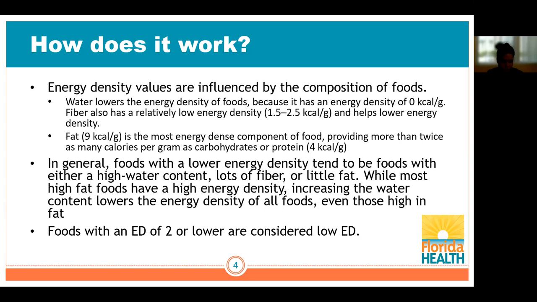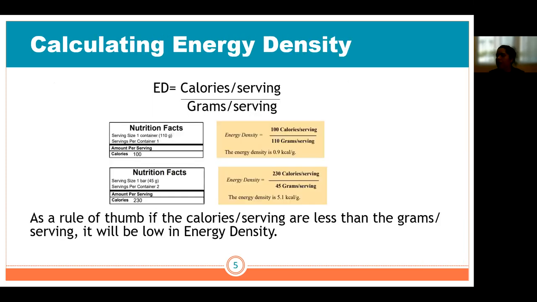So I'm going to teach you how to calculate energy density. Basically, you divide the number of calories per serving by the number of grams per serving. Here are some examples. Say you're eating something that's 100 calories, but it's 110 grams per serving.